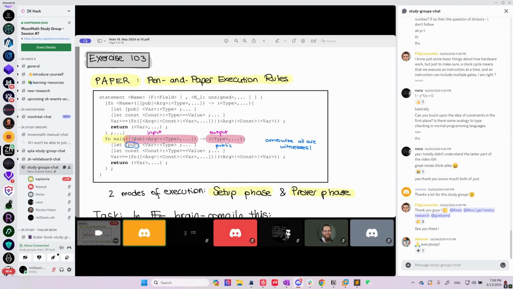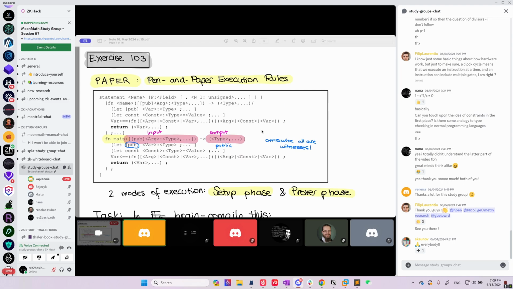If you use this pub word here, that's the public identifier, so that's going to say that these specific variables are going to be public, and everything else is a witness. By default, all variables and arguments are going to be witness variables, meaning private inputs, if you don't put a pub specifier in, which would make them public inputs.